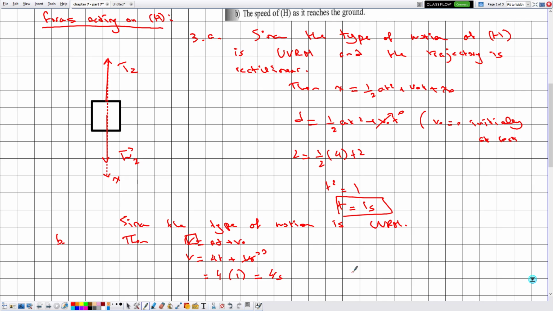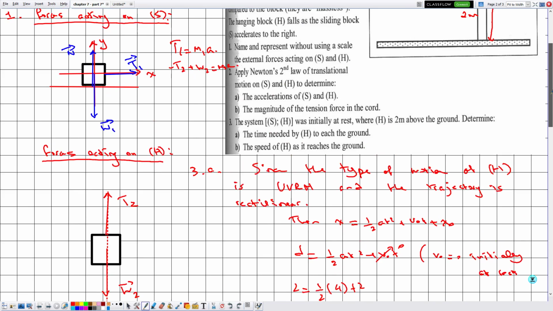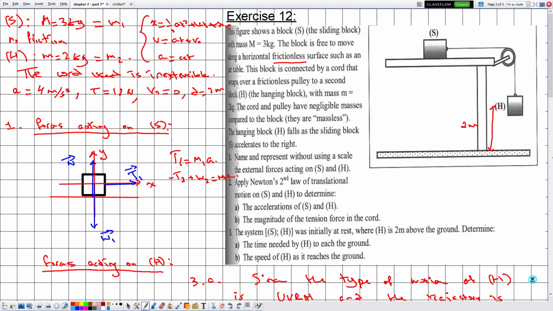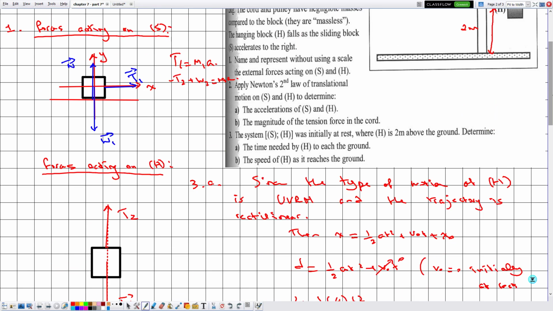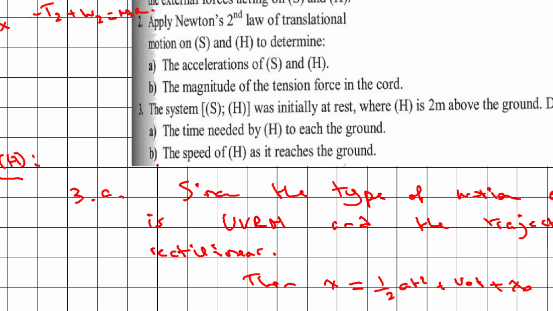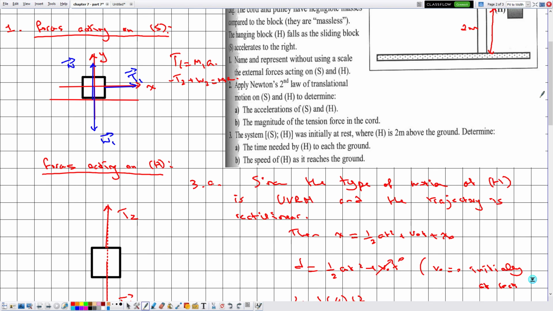What does this time represent? This time represents the time needed for h to reach the ground, which physically represents the instant that you are interested in. You are interested in the speed when h hits the ground.